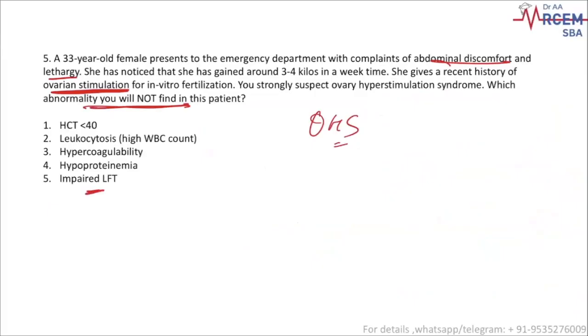Impaired LFTs can be seen because end organ injuries like liver and renal are very common. Hypoproteinemia can be seen. Hypercoagulability, yes, can be seen. High WBC counts, yes, can be seen. Hematocrit on the lesser side, no. Hematocrit values are usually on the higher side. So the right answer here is the first one.